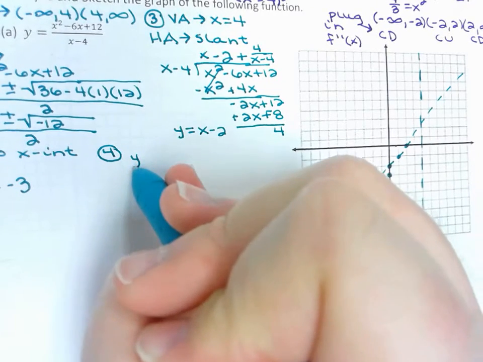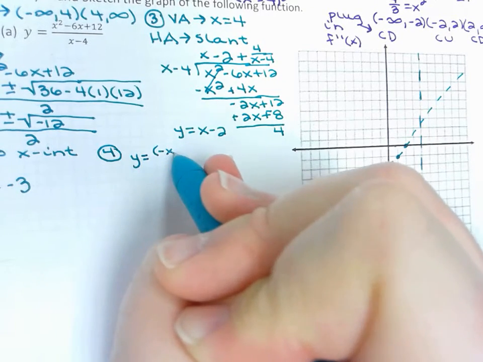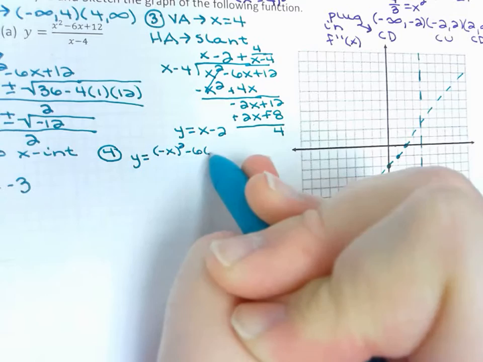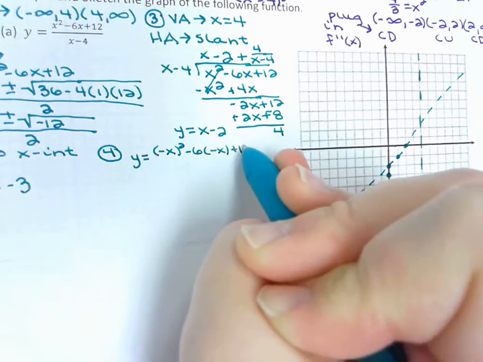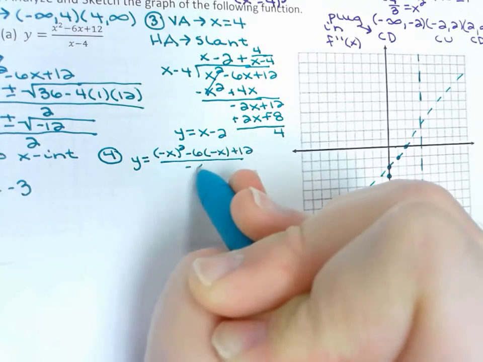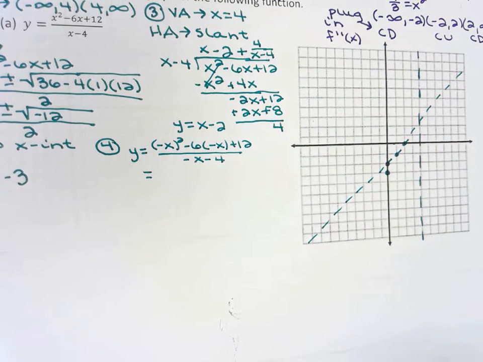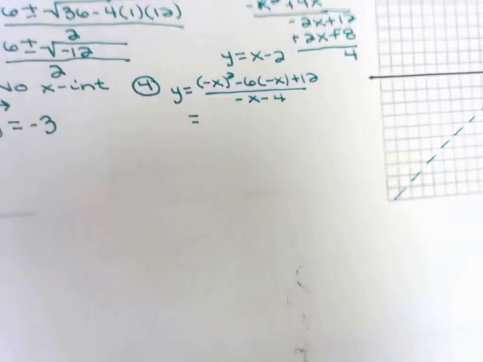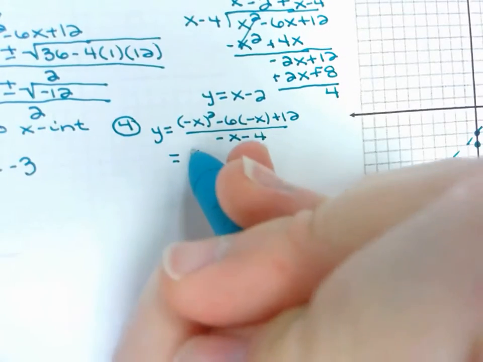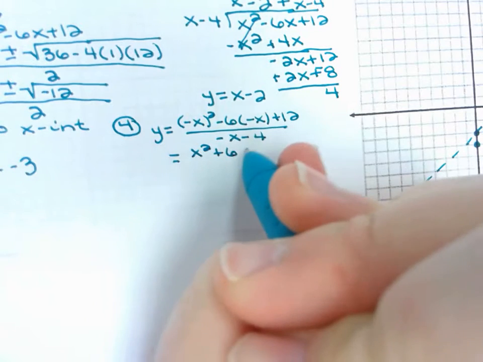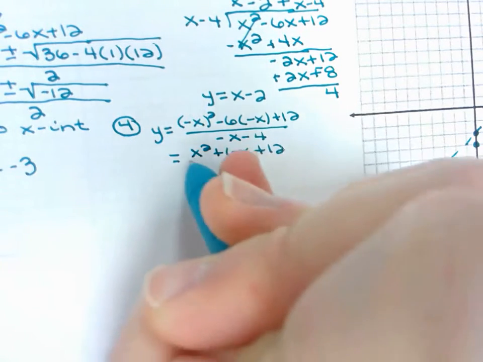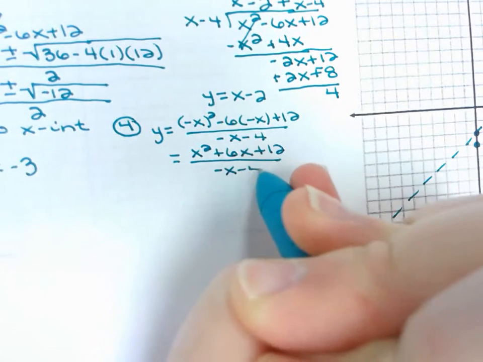So let's plug in a negative x and see what I get back. Negative x squared minus 6 times negative x plus 12 over negative x minus 4. I notice not all of my exponents are negative or even, so I can't necessarily just think about it. That will be a positive x squared plus 6x plus 12 over negative x minus 4.